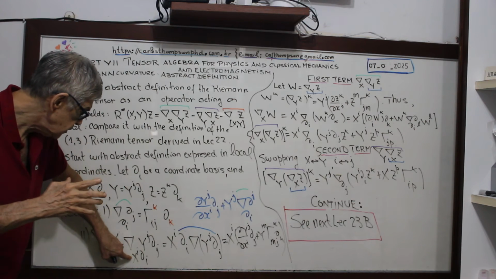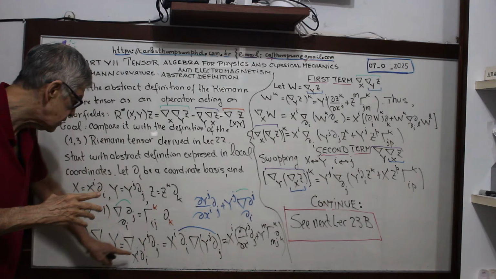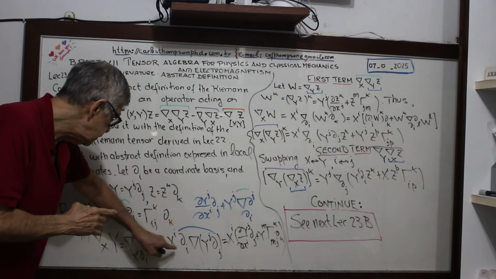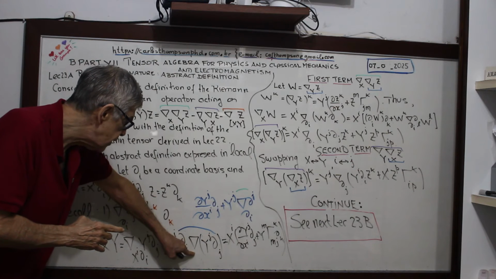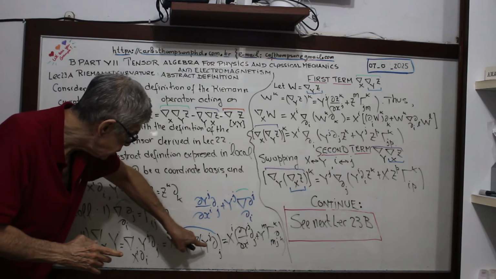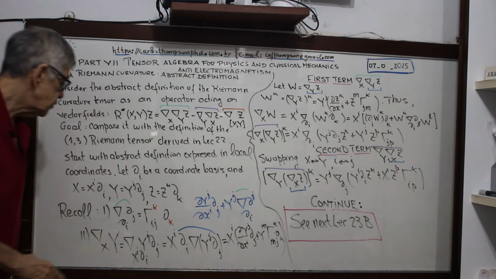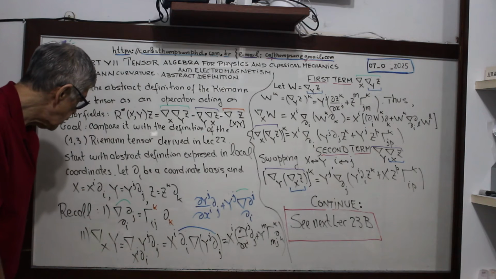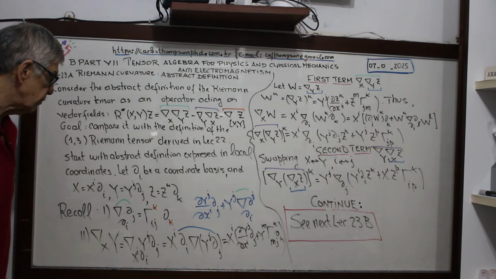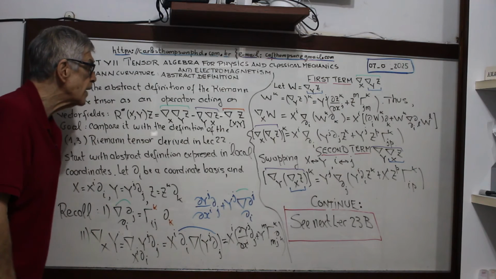So this scalar moves to here. That's a property of the covariant derivative. Then I repeat X^i, now the covariant derivative of Y^j partial x^j. We use the product rule, the Leibniz rule. These are very important properties of the covariant derivative we derived in previous lectures.